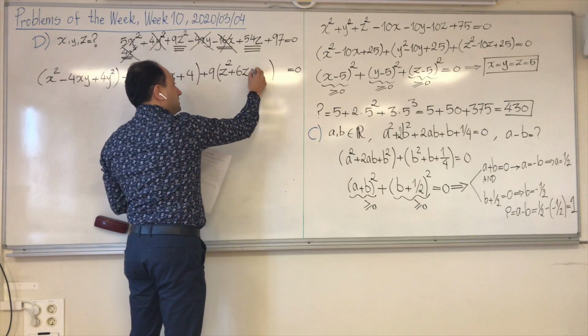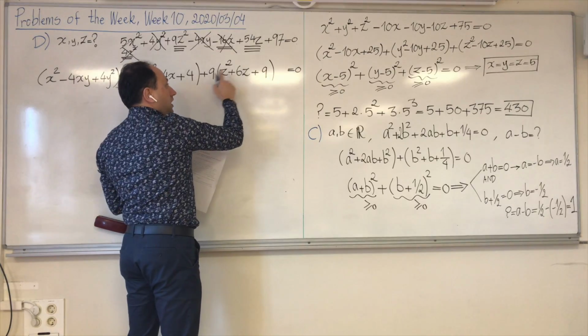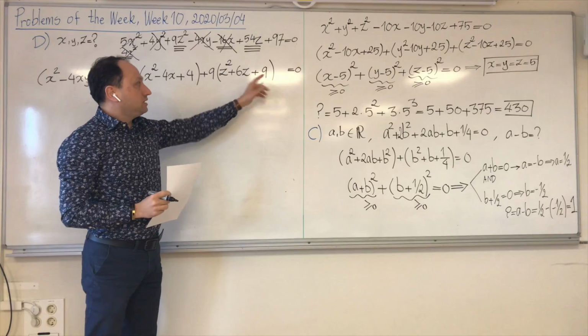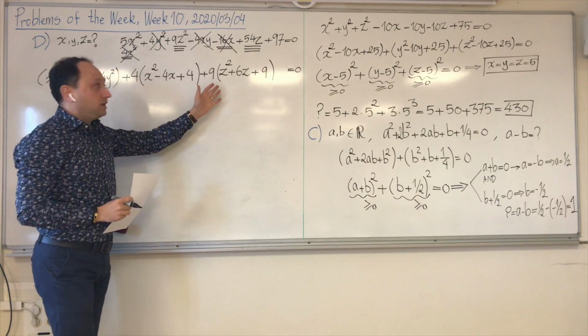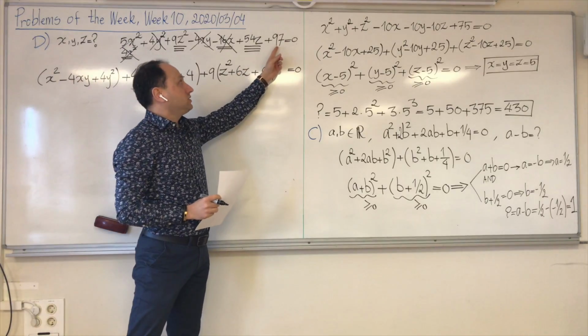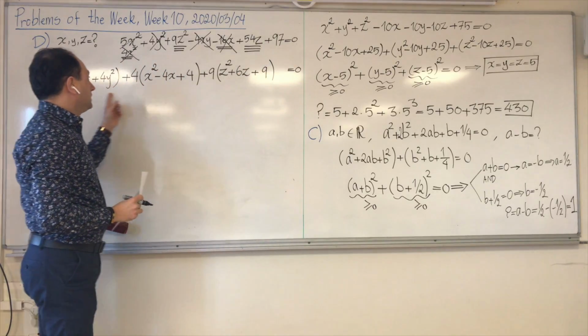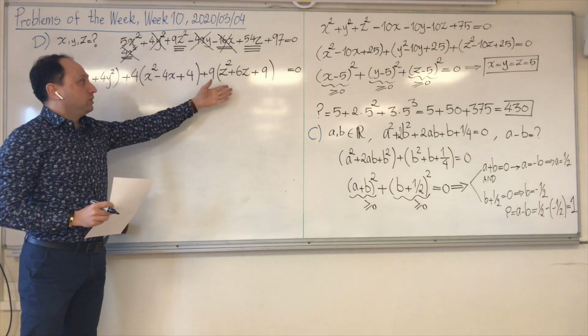So I have to add 9. But again, when I add 9 here, because of this 9, 9 times 9 is 81. 4 times 4 is 16. 16 plus 81 is exactly 97. So nothing is left.